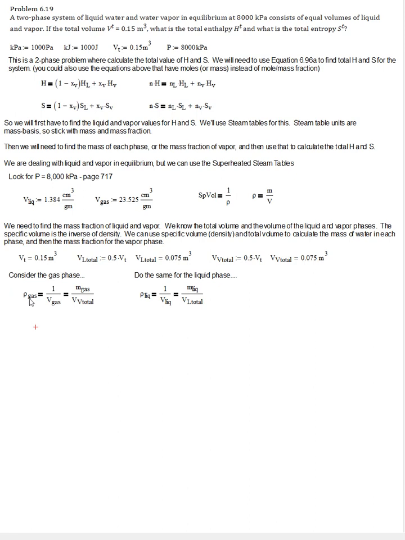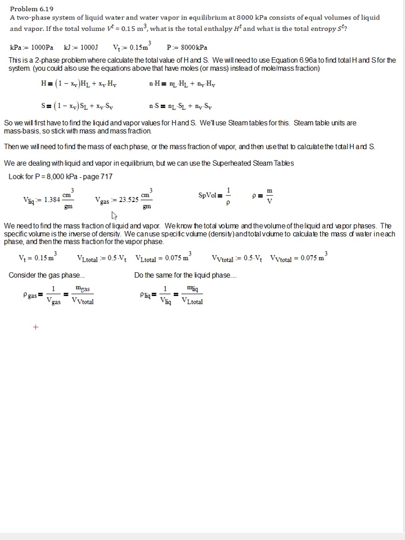For the gas phase, the density, and I'm using gas and vapor interchangeably. For the gas or vapor phase, the density is equal to 1 over V, 1 over the specific volume, and so that's what this term is right here, which is equal to the mass in the gas phase divided by the total volume of the gas phase.